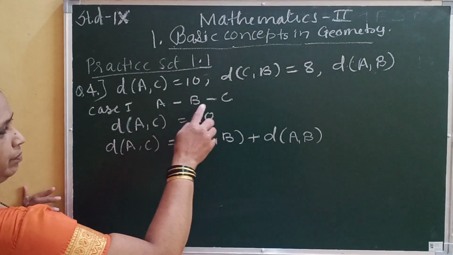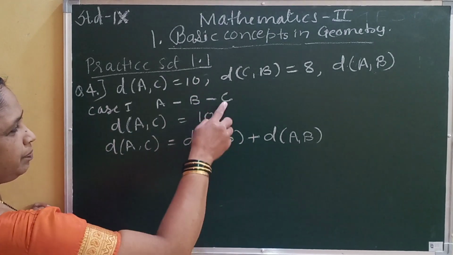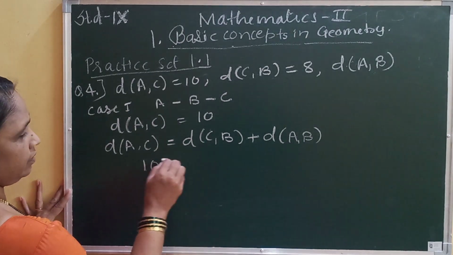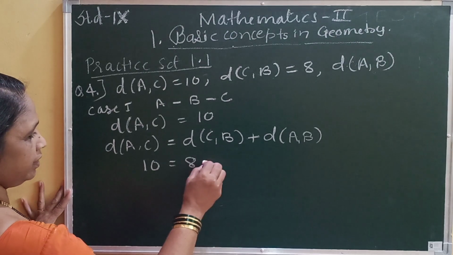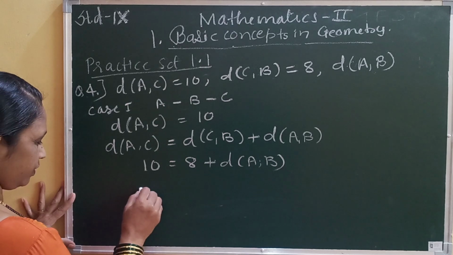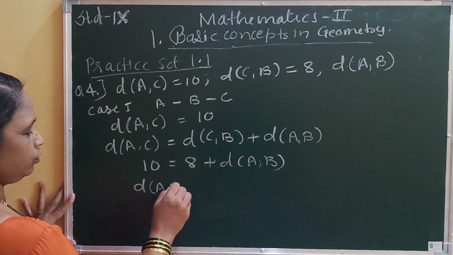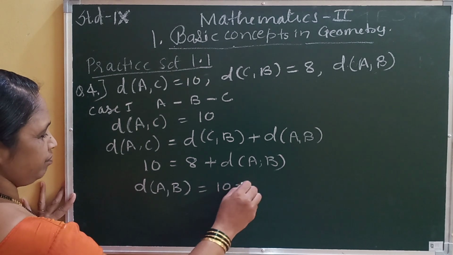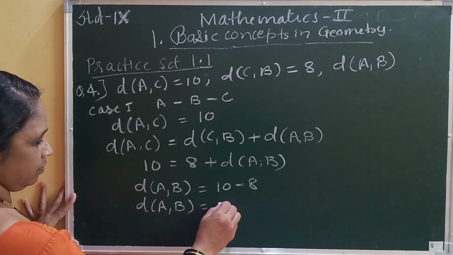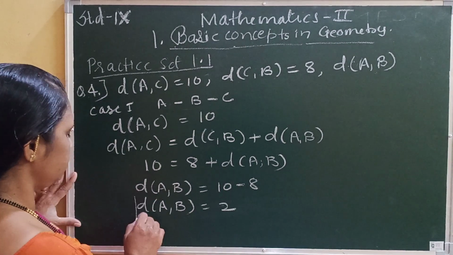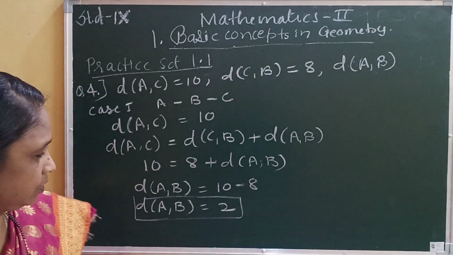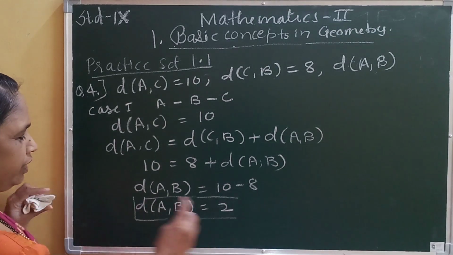Distance AB plus CB, or CB plus AB, they are the same. So AC's distance is given as 10, which is equal to CB, given as 8, plus distance AB, which we have to find out. So distance AB is equal to 10 minus 8. So distance AB we have got is 2. Okay, this is the first condition. This is 2 units.